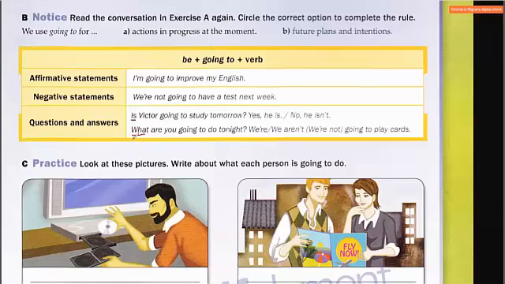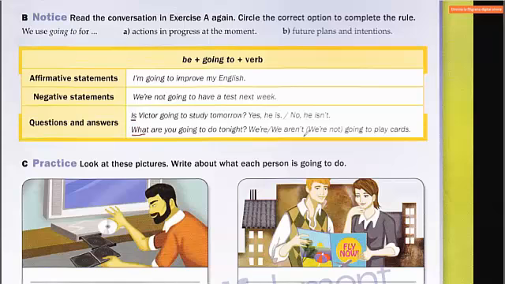But if someone asks you a WH question, you have to, as I said, give information. For example, what are you going to do tonight? In other words, I can say, what are your plans for tonight? Okay? What are you going to do tonight?